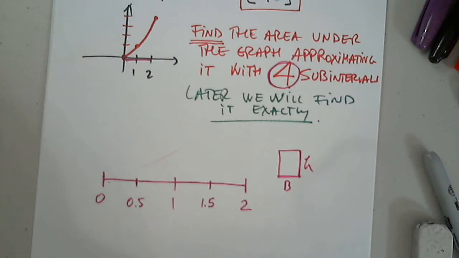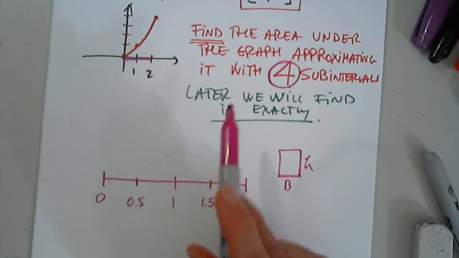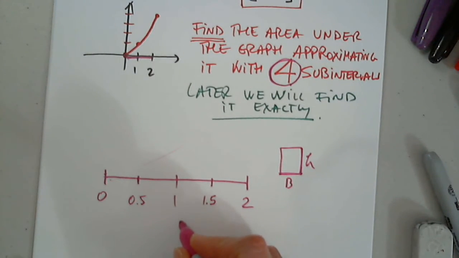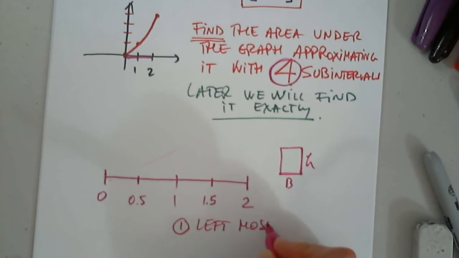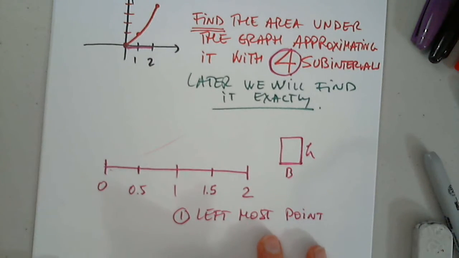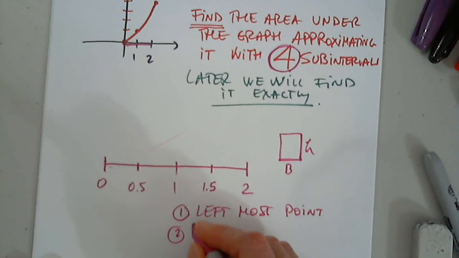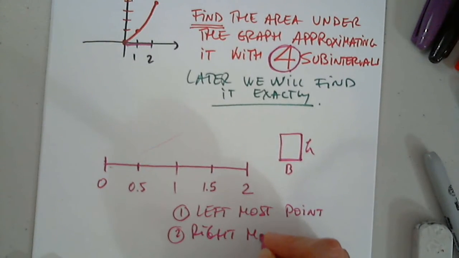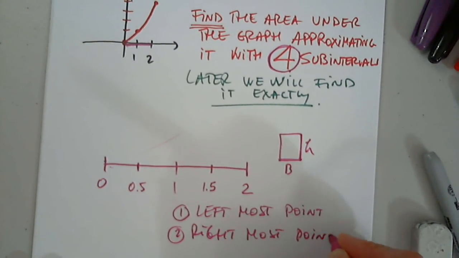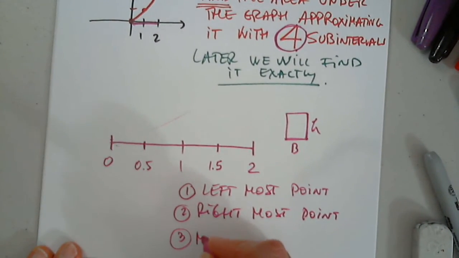Okay. We have several possibilities. We have what is called, number 1, leftmost point. It will appear very clear in a minute. Number 2, rightmost point. And of course, midpoint.